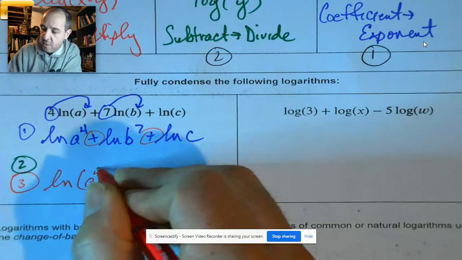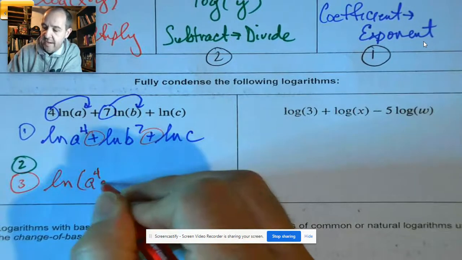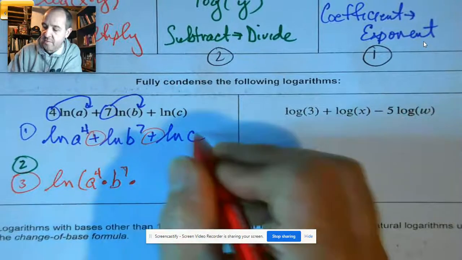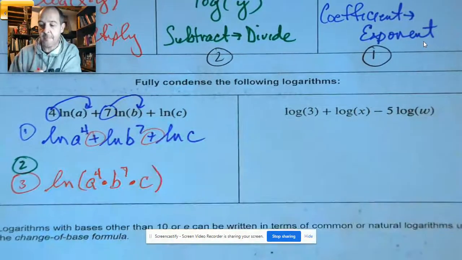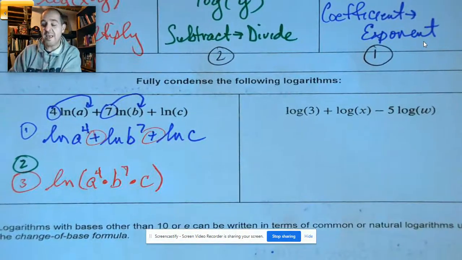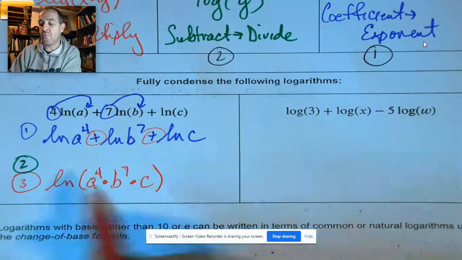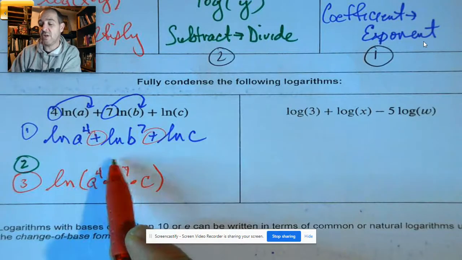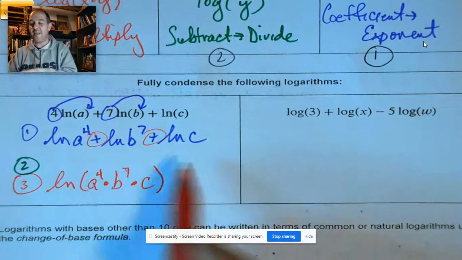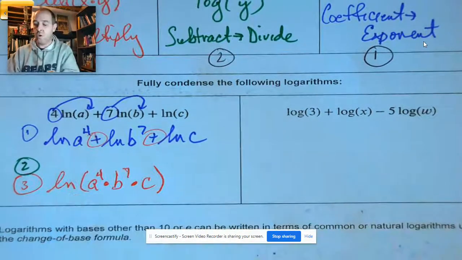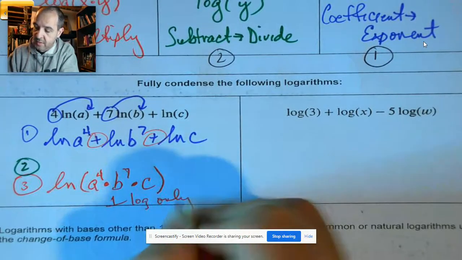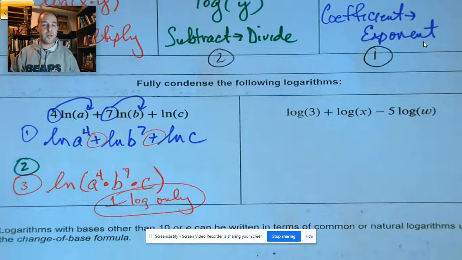I'd have a to the 4th, add becomes times, b to the 7th, add becomes times, c, 1 log. If you wanted to go through and write natural log of a to the 4th times natural log of b to the 7th times, you can, but the whole thing here is that there's 1 log only with these answers, and that's whether it's a log or a natural log.